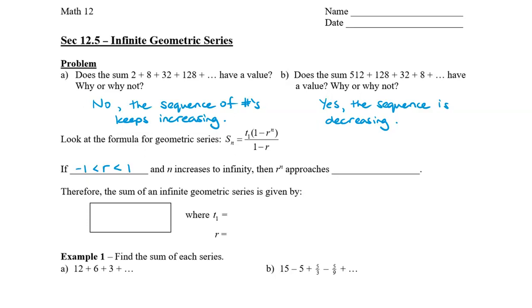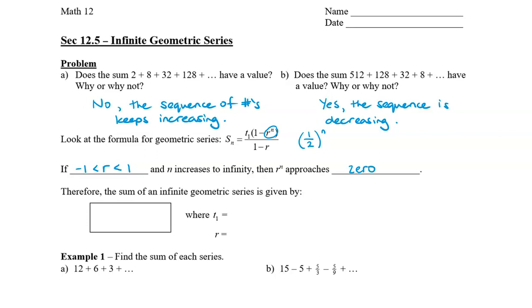So as long as it's a number between -1 and 1, we can see that as n increases to infinity, so that's this part over here, okay? So imagine that we have a half, that's our r value, and our n increases to infinity. As n gets bigger and bigger, as we multiply this fraction half by itself many times, this r to the n value will approach 0.